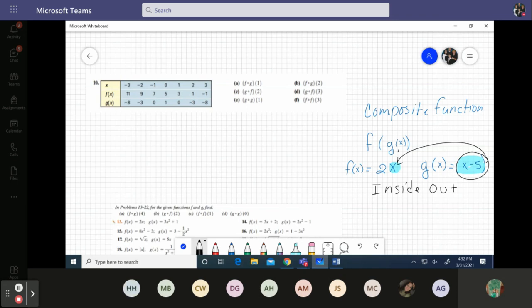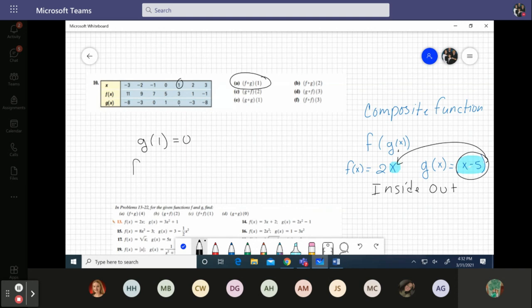So when I'm looking at a table and I need to find f of g of 1, to start with, I need to know what's g of 1. So up here at the top, I've got x is equal to 1. So g of 1 would be 0.